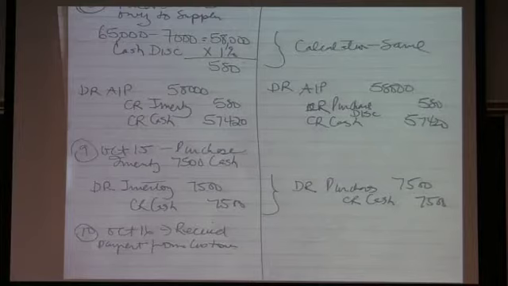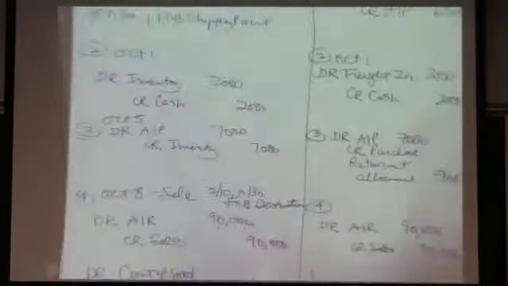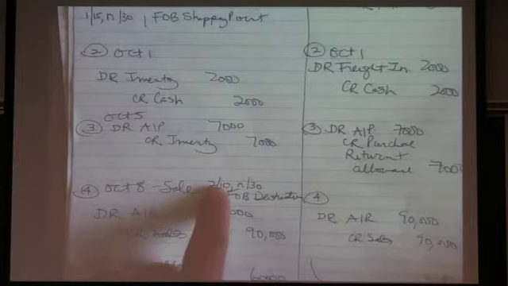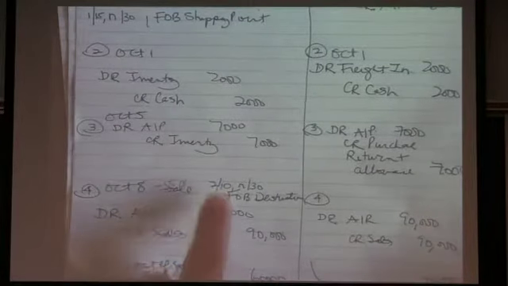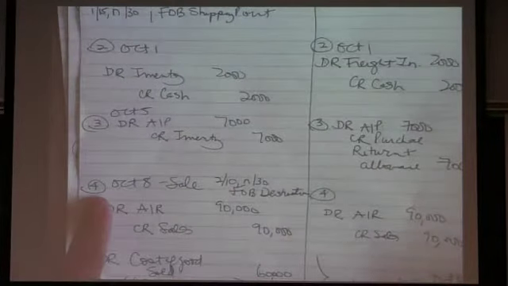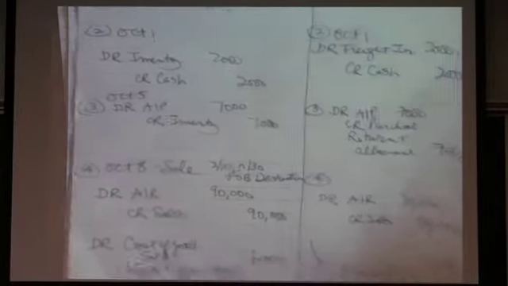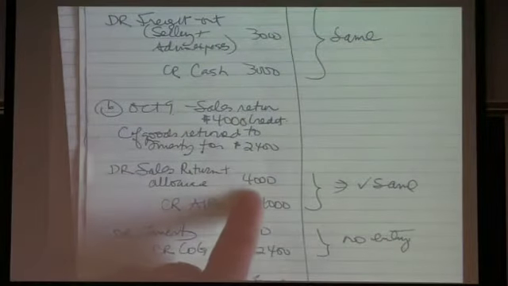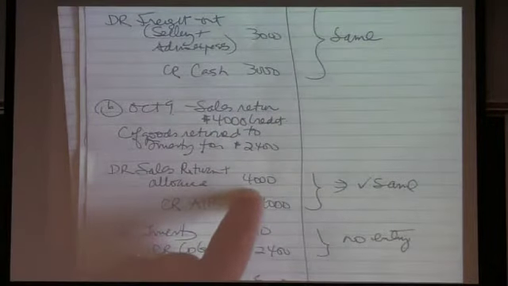First of all, we sold it for 90,000. We gave them a 2% discount if they pay within 10 days. If you remember back, that was entry number 4. And then we saw that in entry number 6, October 9th, there was a return of 4,000.